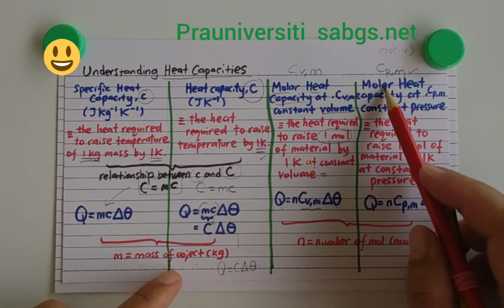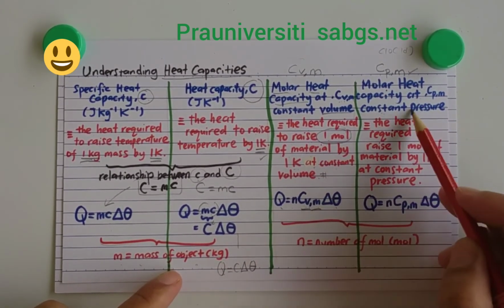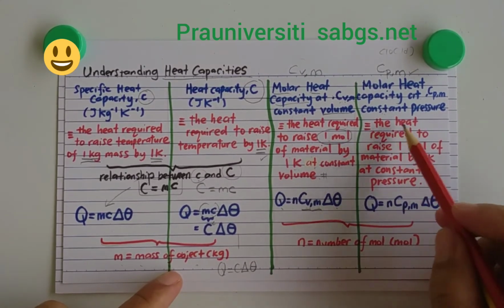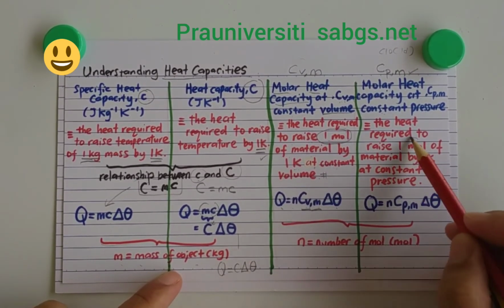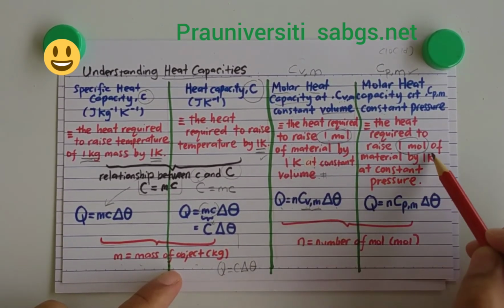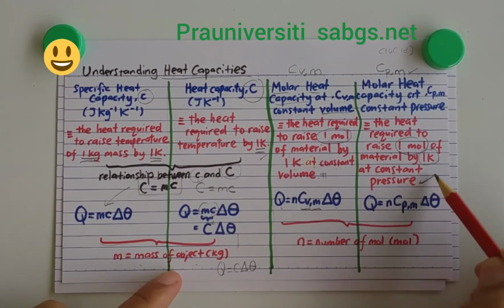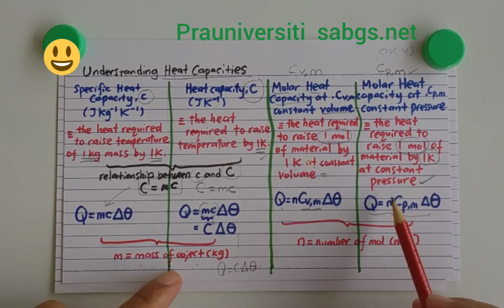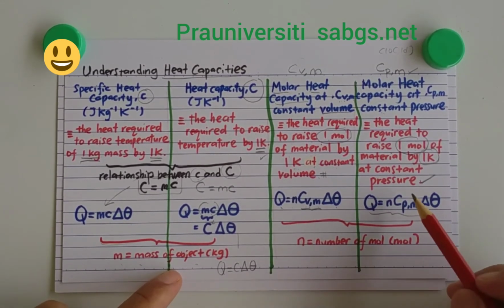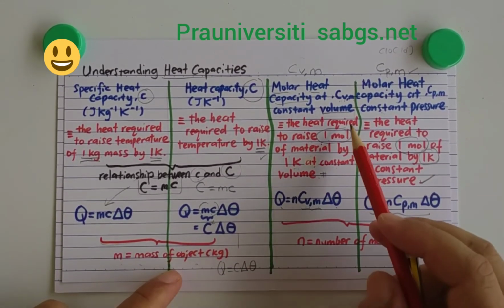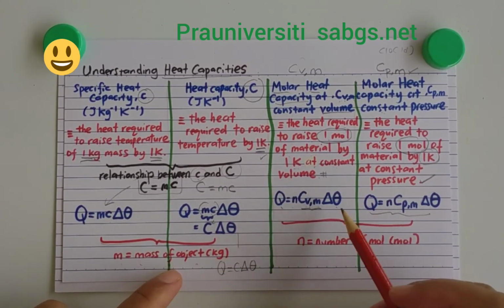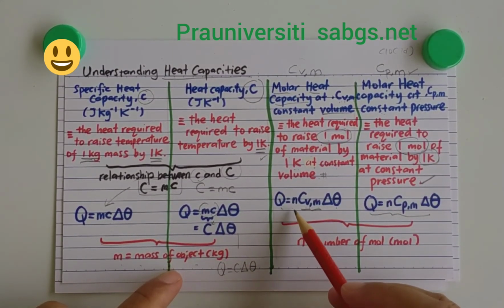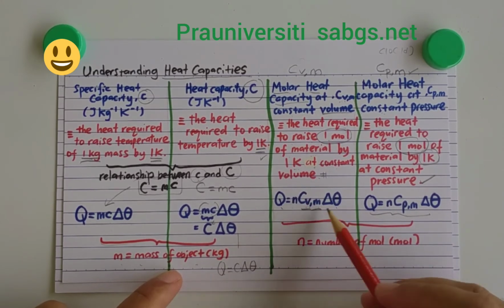Okay, so we go for the molar heat capacity at constant pressure. What does it mean? The heat required to raise 1 mole of material by 1 Kelvin at constant pressure. So we can write the equation, and what we can see here is that the equation is actually the same.